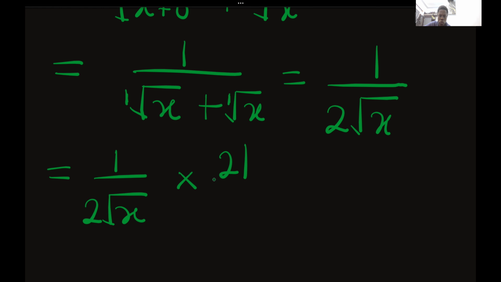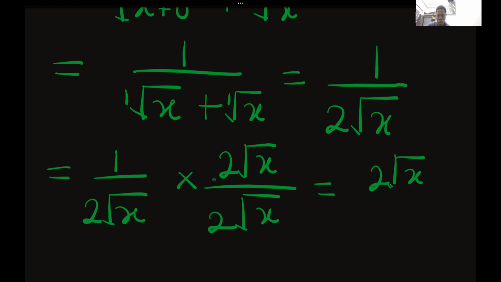So it's going to be the square root of x over the square root of x. The numerator multiplying 1 will give us the square root of x, and the denominator: 2 multiplied by 2, we are going to get 4.